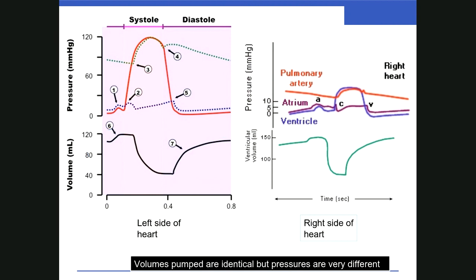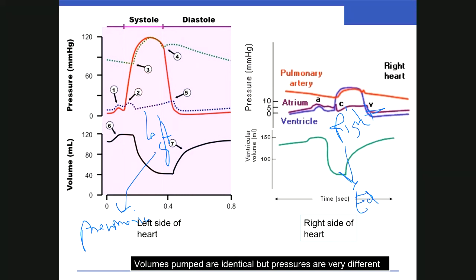If it's the left side that's failing, you tend to get pneumonia. If it's the right side that's failing, you tend to get peripheral edema.